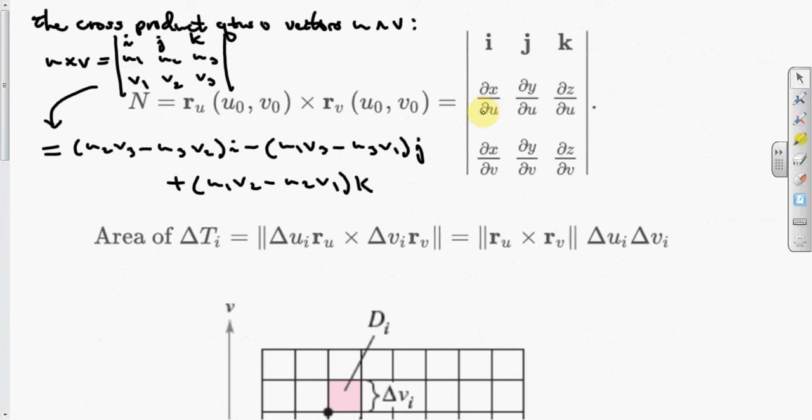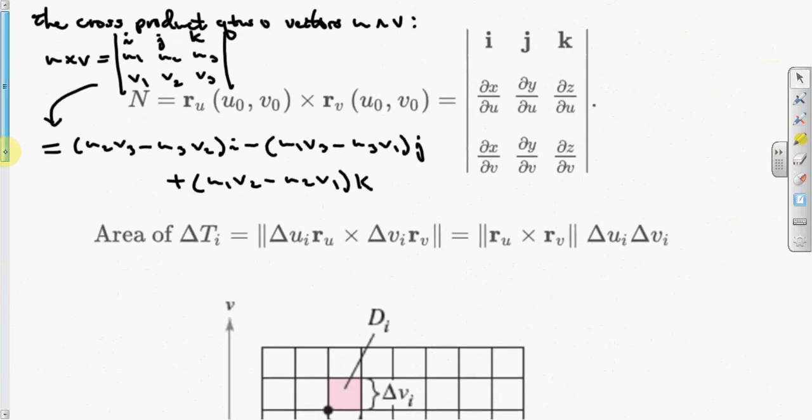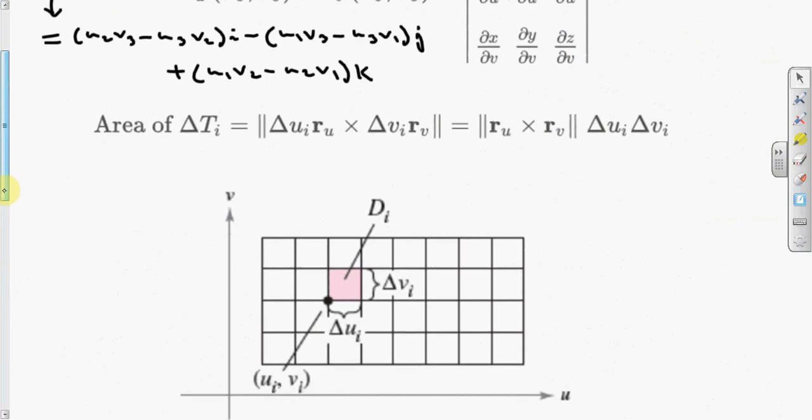So I like to say the partial of x with respect to u, the partial of y with respect to u, and then the partial of z with respect to u. That third row becomes the partials with respect to v, if you will. So we'll need that to get the area for the base.